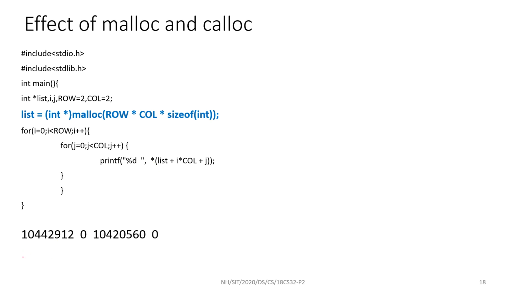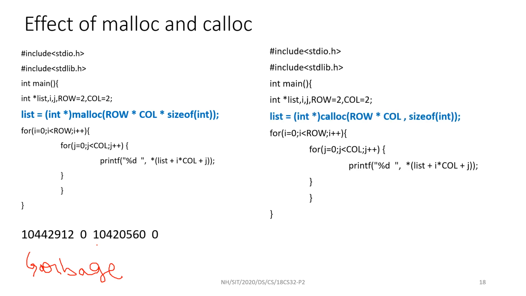So these are considered garbage values. The data in those locations is garbage. If you don't want this garbage value, and want only the actual value, in such a case you can go with calloc.